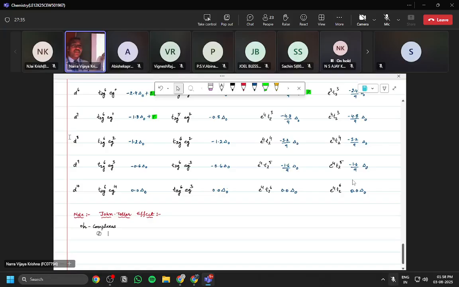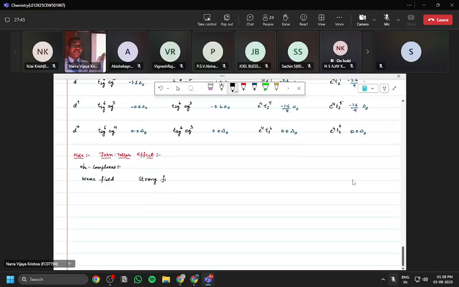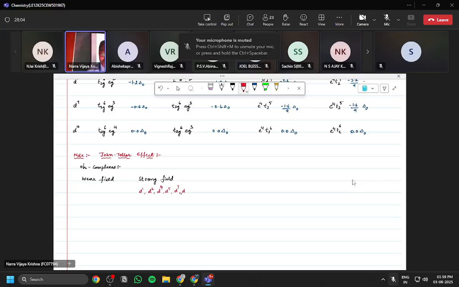when there is a weak field ligand, and in case of strong field ligands. Tell me first, in case of strong field ligand, what about d1, d2, d4, d5, d7, d9?